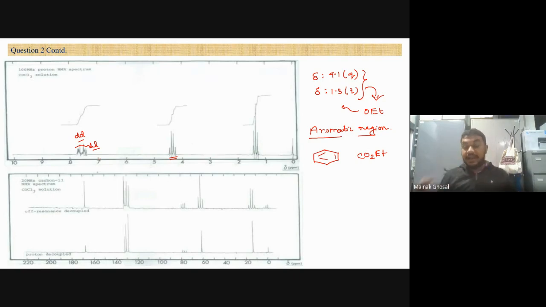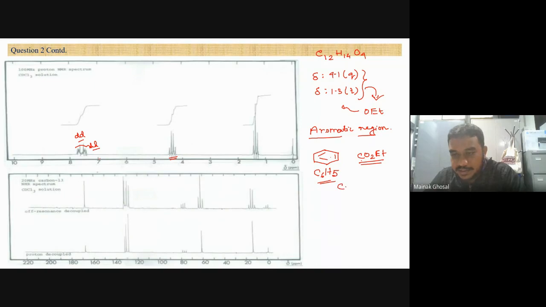So what am I left with? If I remember, the formula is C12H14O4. Now just count it. This is nothing but C6. Suppose the CO2Et is attached to this, so one hydrogen is lost, H5 kind of thing. So CO2Et and C6H5.